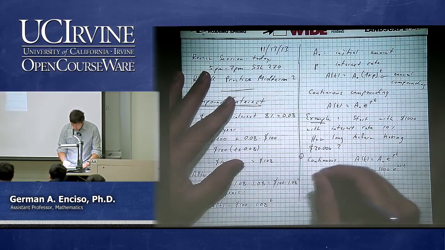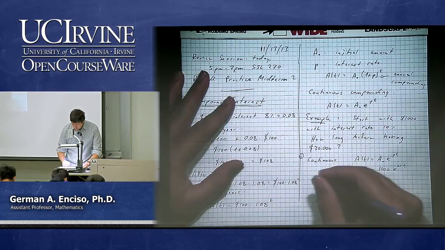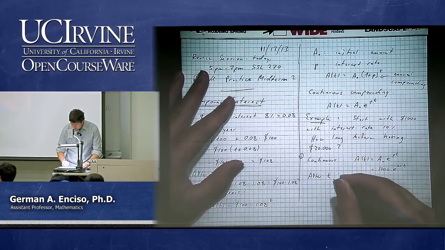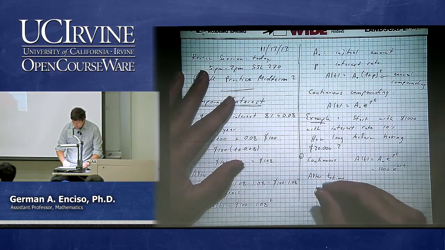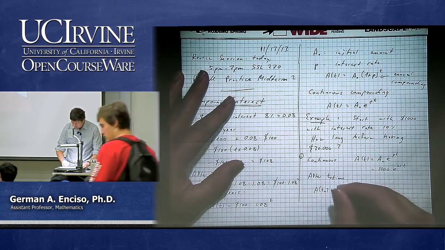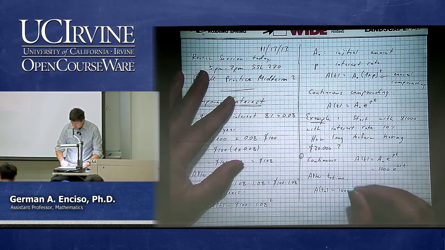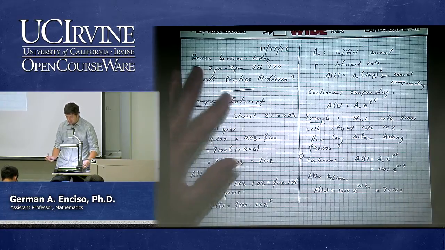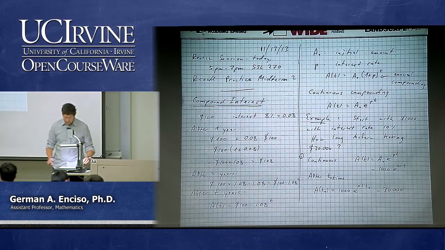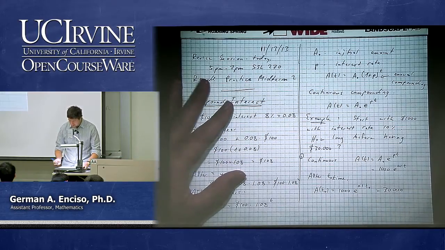Okay, so after t time, and we're trying to find out t, or we can call this t0 time, A of t0 is equal to 1,000 times e to the 0.1 t0 is equal to 30,000. We're trying to find out t0. So we solve for t0 in this equation.